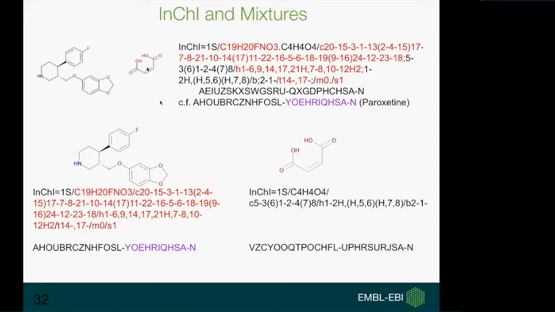If we do this literally with a bit of scripting, you can split this up into an InChI for paroxetine and an InChI for the maleate, and from that you can generate the InChI keys. Then if we look at the InChI key for our parent molecule, it matches the InChI key for paroxetine, because effectively this is paroxetine.